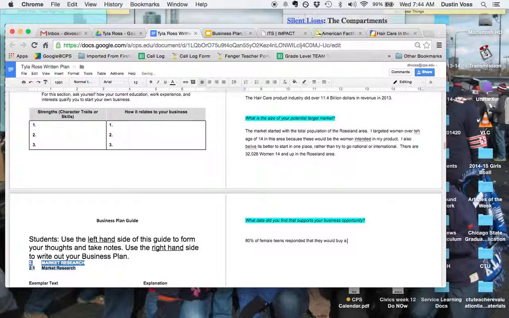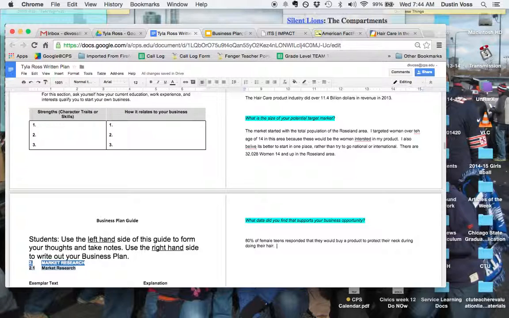Thank you. And I could say 80% of female teens responded that they would buy a product to protect their neck during, I don't know what girls call it, doing their hair. Now, my survey could also contain a question like, how much would you pay for such a product? And it could be like A, B, C, D, $5, $10, $15, and $20.